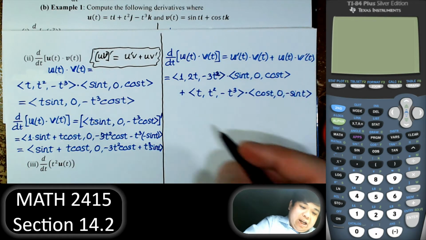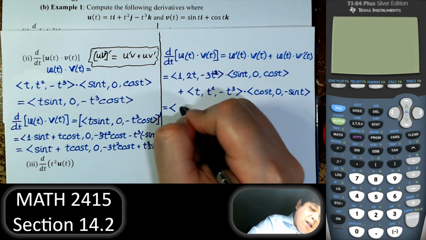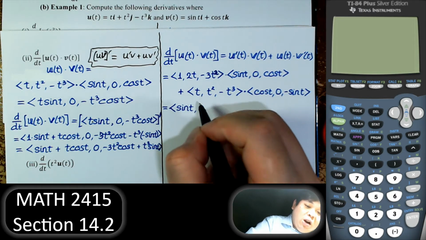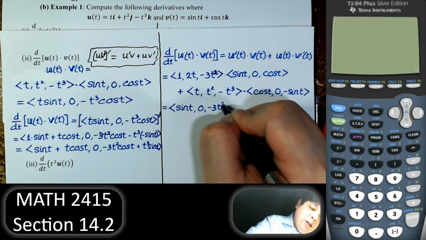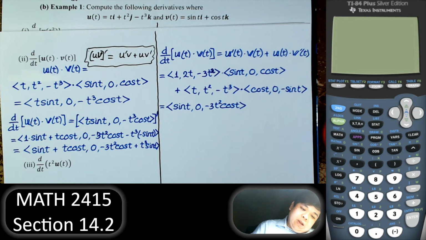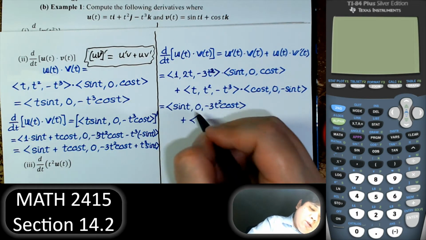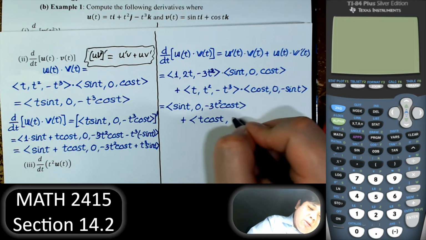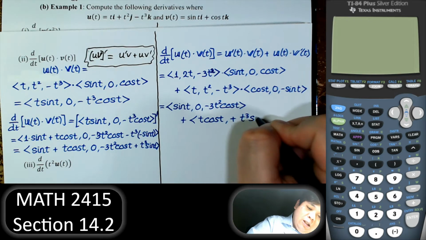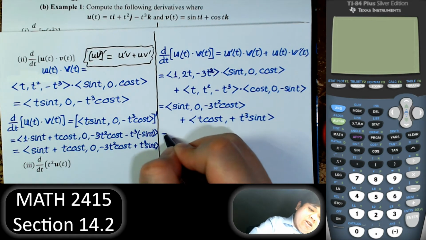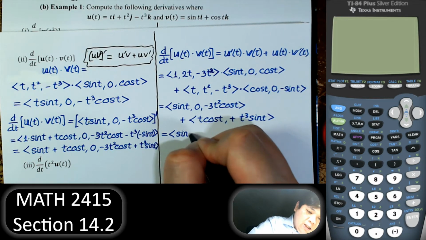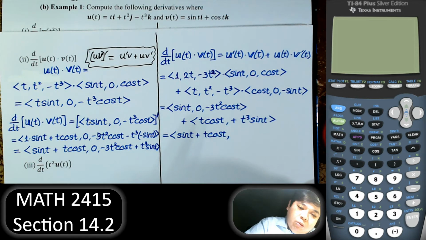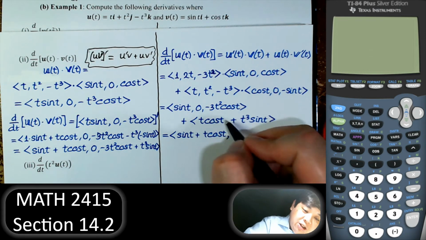Now just multiply it out and then combine. 1 times that is still sine t, 2t times that is 0, still need to write 0, and negative 3t squared cosine t, and then plus t times cosine t, 0 times that, and negative that is plus t cubed sine t, and then we combine the vectors: sine t plus t cosine t in, don't forget the 0 component.